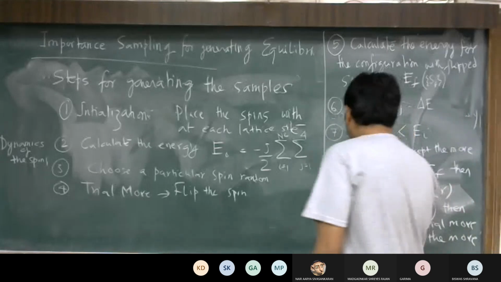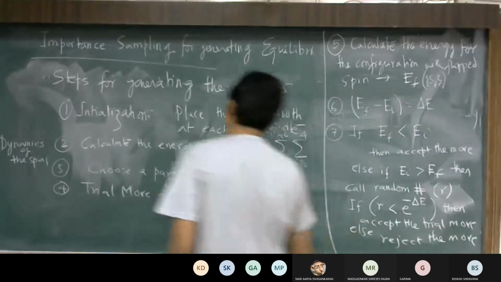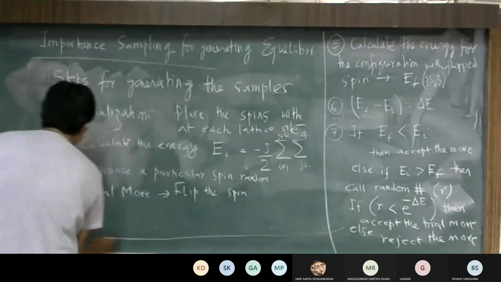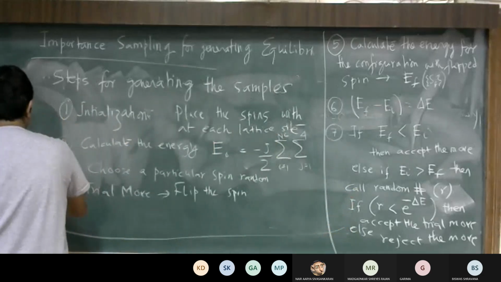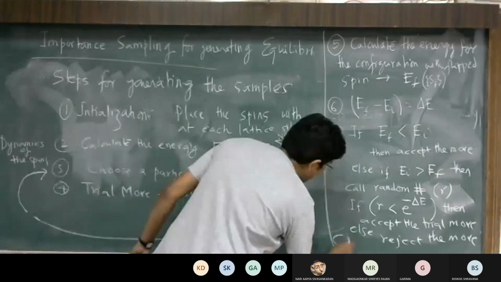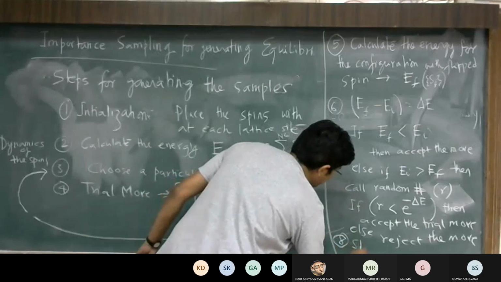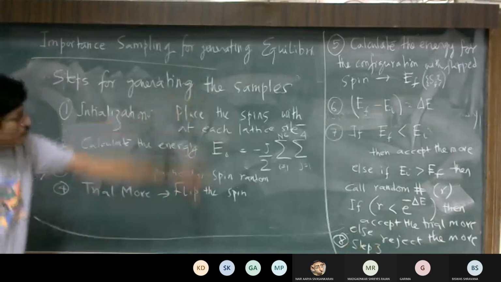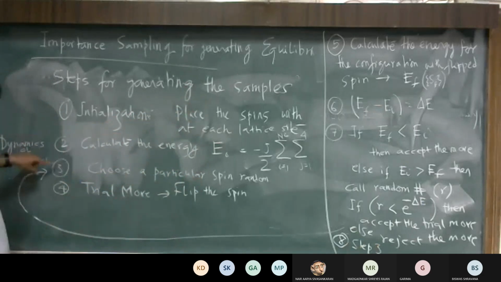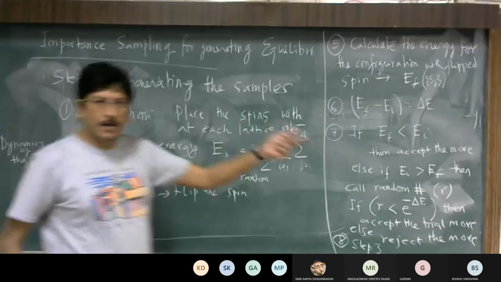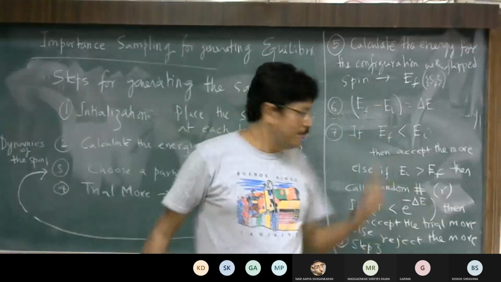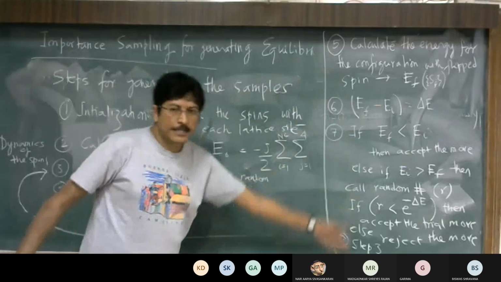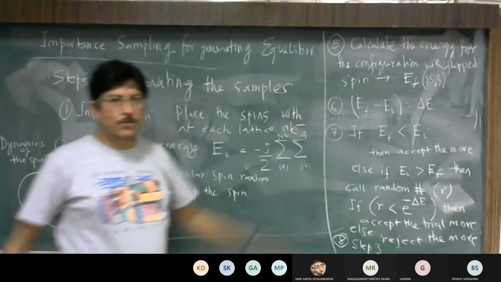You reject the move. And after you have done this, you again go back to step 3. So after step 7, step 8 is basically going back to step 3. Once you have gone through this trial move, you again pick a spin at random, flip the spin, do this exercise, and keep on doing this.